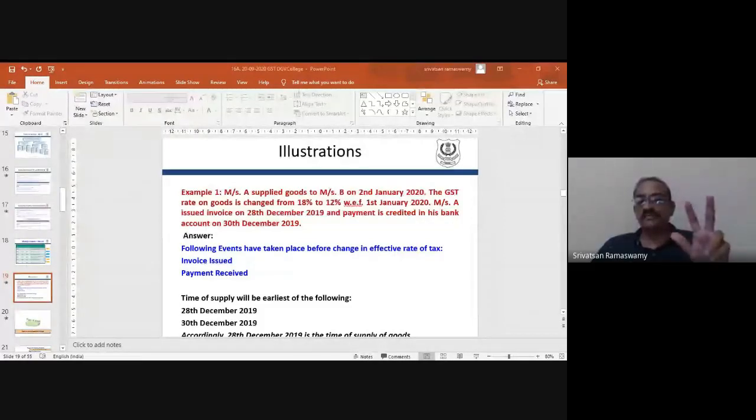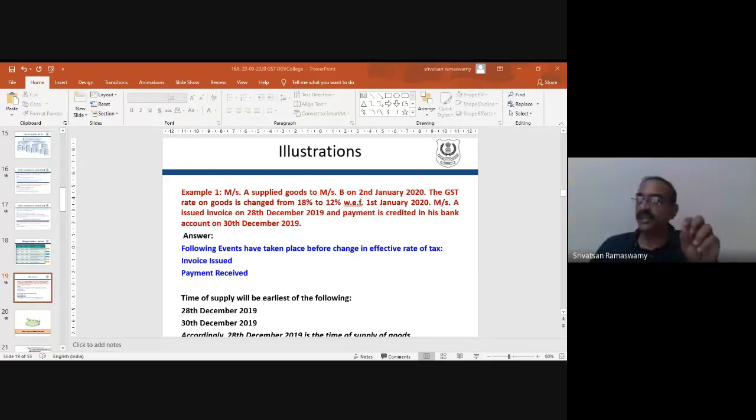Three dates are there. Yes, you're right, 18% is right. That is precisely what I wanted, the answer about time of supply. There are 3 events here. Yes, 28th December, correct. 28th December is the time of supply because it was on that day the invoice was issued, and of the 3 events, the earliest one happened on 28th December.